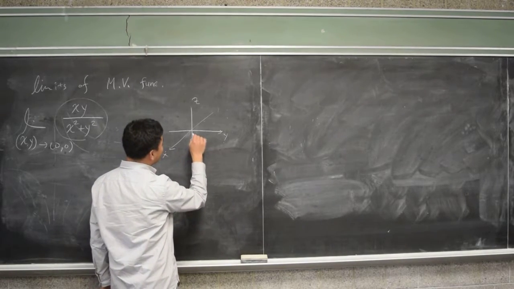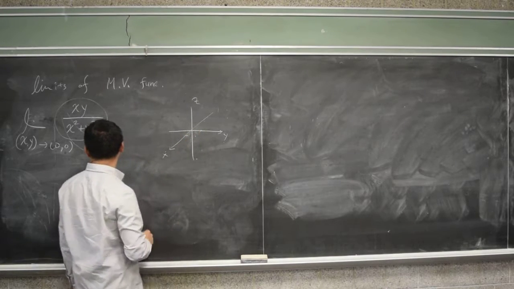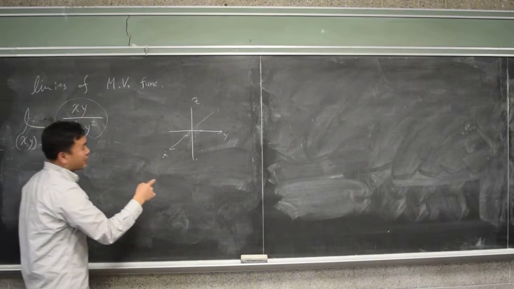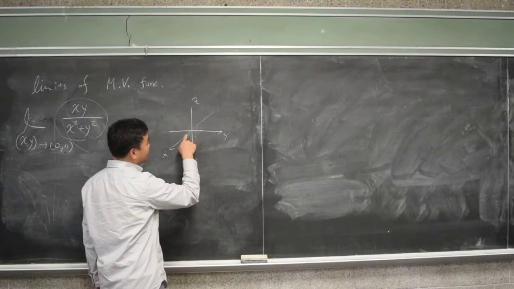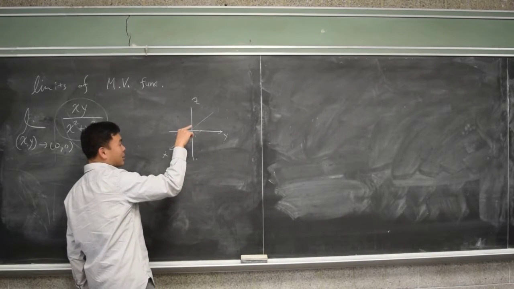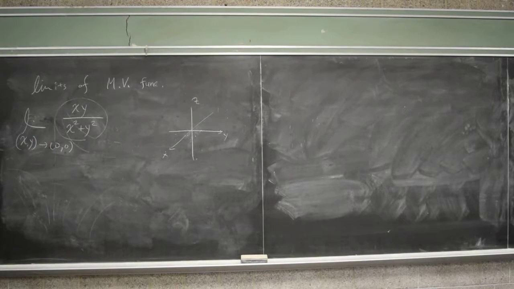So at 1 and 1 you have positive 1/2. And if I plug in 1 and -1, that's negative 1/2. So over here it's up by 1/2. Over here it's negative 1/2. So that's what you get.